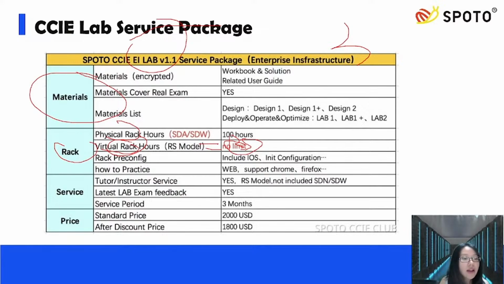They require you to install EVNG, so it will consume your local computer. But Spoto can provide the rig for you to practice. Okay, and for our SDN rig, we will provide 100 hours for you, but other vendors only provide 60 hours for you to practice. So our rig is very enough for you to practice.